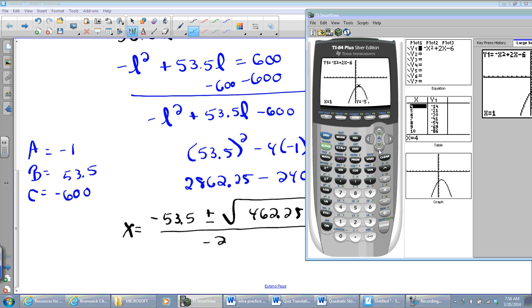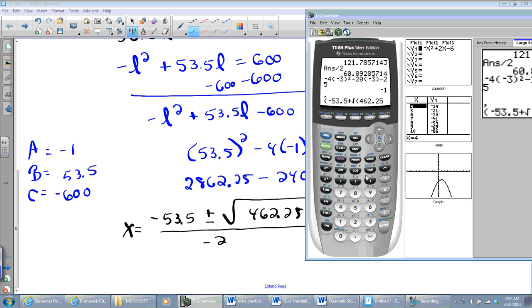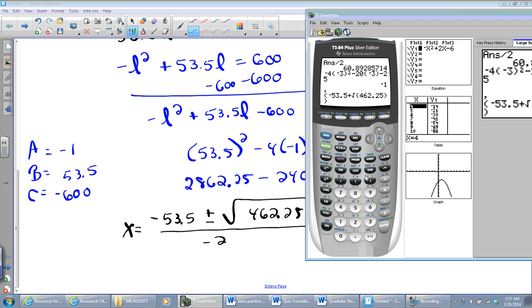So let me see. I'm going to clear my screen. Let's go second quit. Clear that screen and go. Start a quantity, negative 53.5 plus the square root of the discriminant. Close that one, close the one I started, and then divide by negative 2.